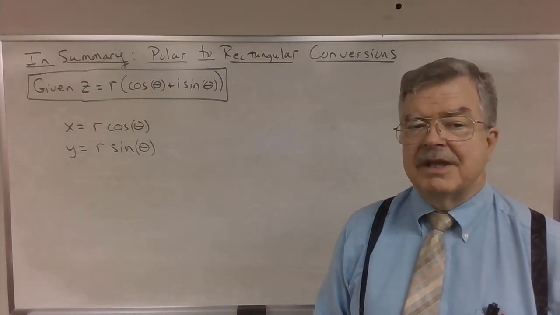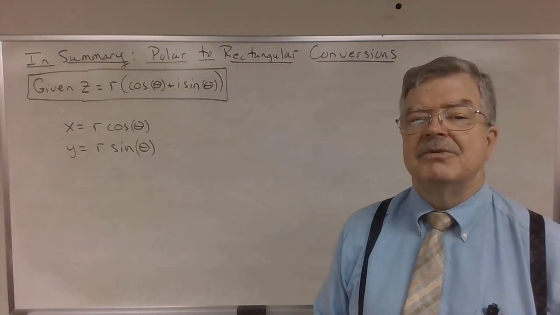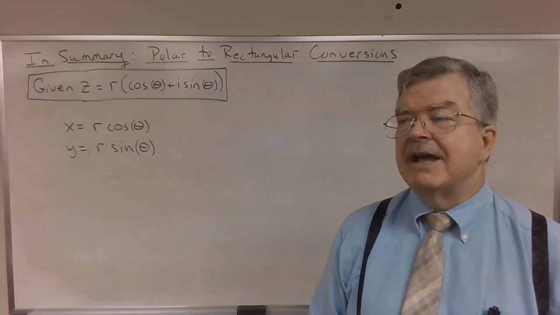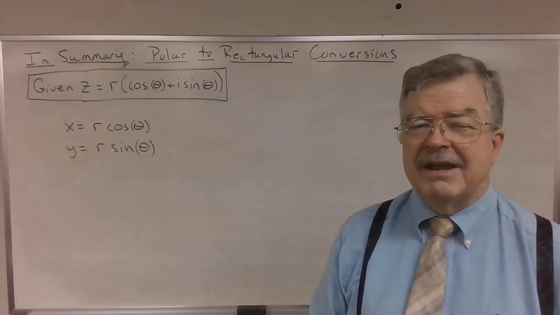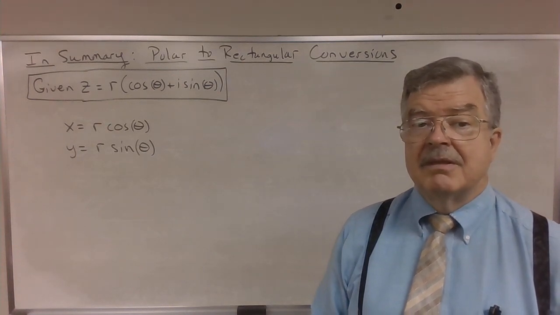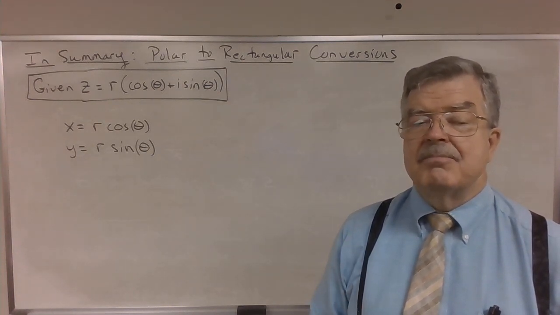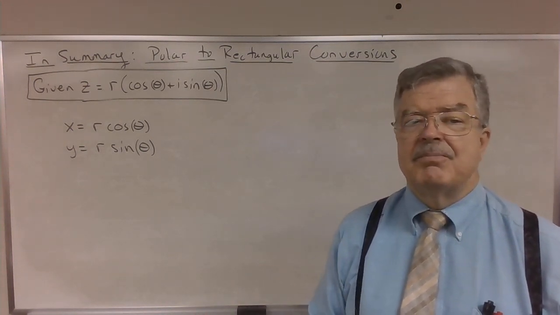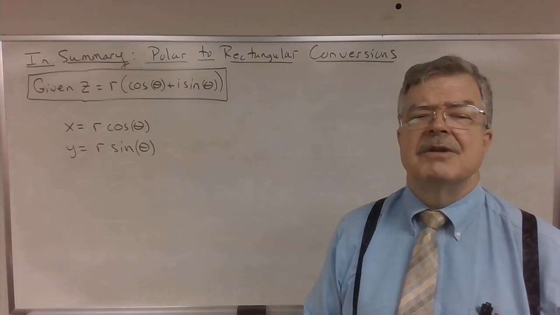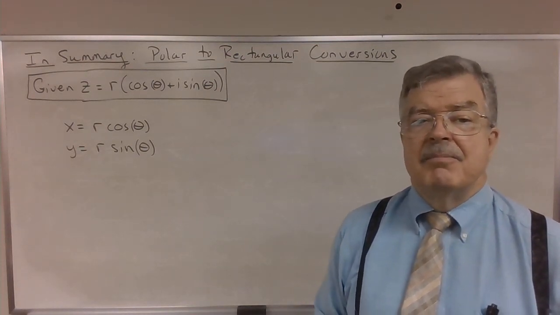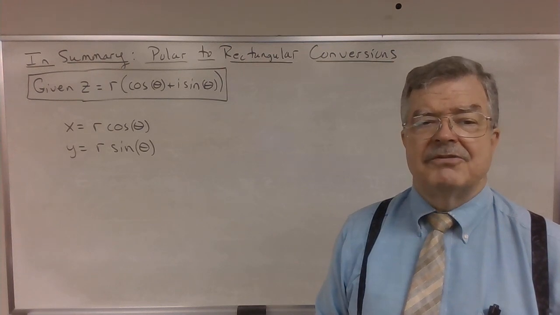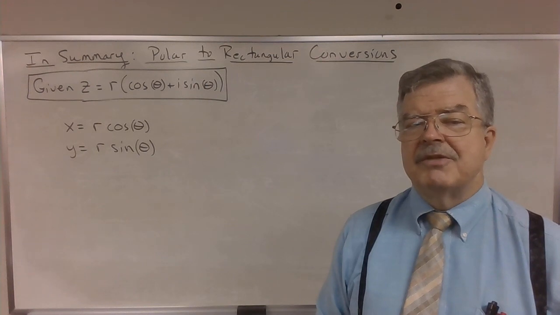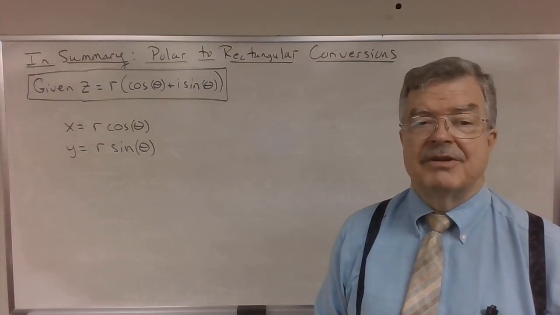So not just multiplication and exponentiation using positive whole number exponents, but exponentiation using fractional exponents is pretty easy in polar form. So we have rectangular representation and polar representation because they each have distinct advantages over the other. And we're going to see some of the advantages of polar representation right now.